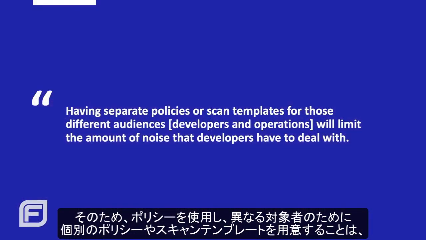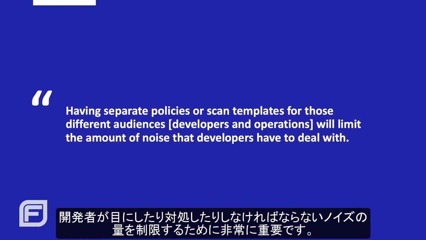So using the policies and having separate policies or scan templates for those different audiences is very important, because that's going to limit the amount of noise that developers have to view and have to deal with. That's one of the major points that I would talk about.